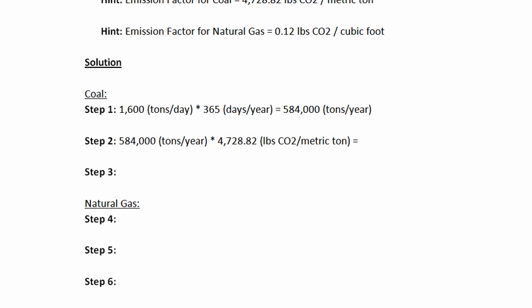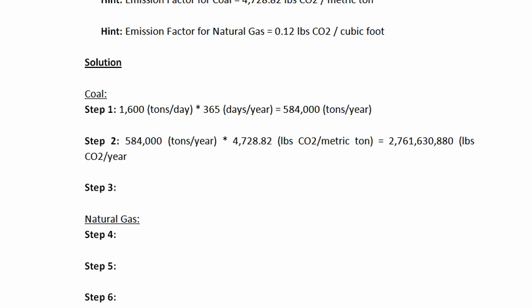So 584,000 metric tons of coal per year multiplied by 4,728 pounds of carbon dioxide per metric ton is going to give us 2 billion. This is going to be a big number. 2,761,630,880 pounds of CO2 per year.